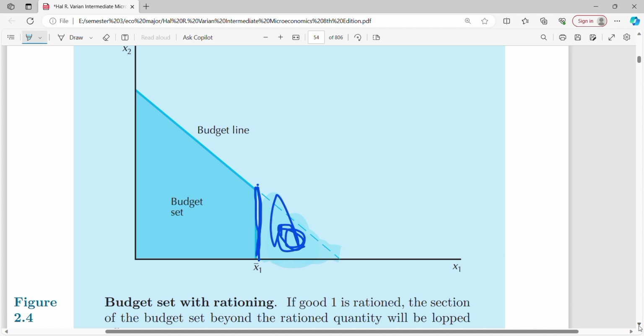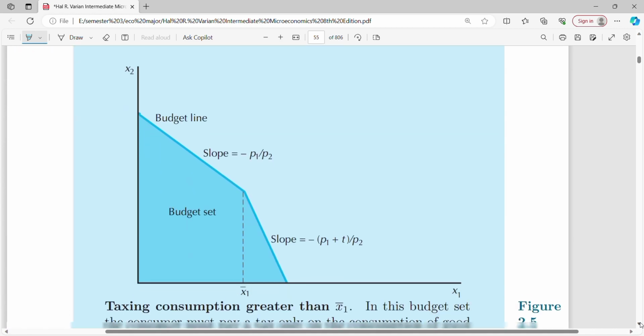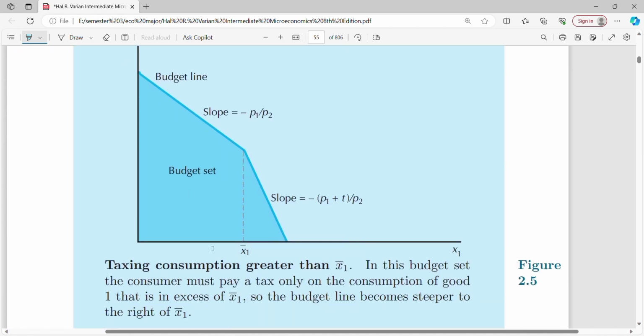And in some cases, consumption beyond X1 bar is allowed, but with extra taxes. So what happens? That part will become steeper. Till this much, the consumer can consume at the normal prices, so the budget line goes in a flatter way.